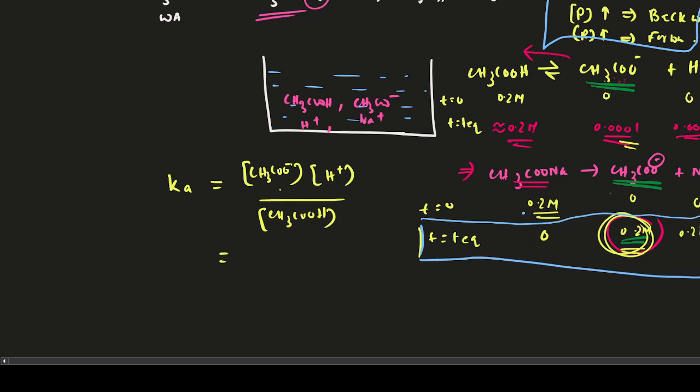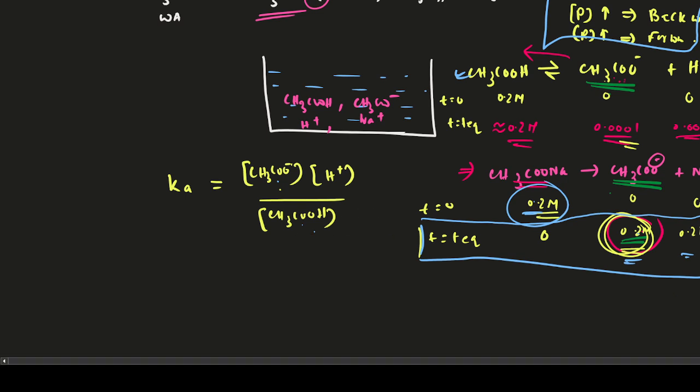So this value is generally put as whatever is given as the concentration of the strong electrolyte, because it completely dissociates into this and this. Okay, and the H plus concentration we can put from here, and CH3COOH is very slightly dissociated due to the common ion effect. So for this CH3COOH acid concentration we can put the initial concentration, because it is very slightly dissociated, nearly not dissociated, so we can put the initial concentration of the acid.